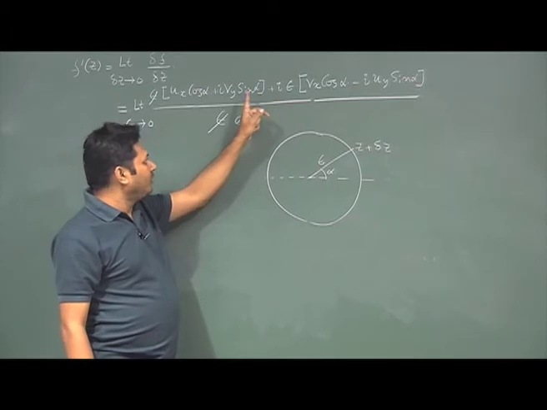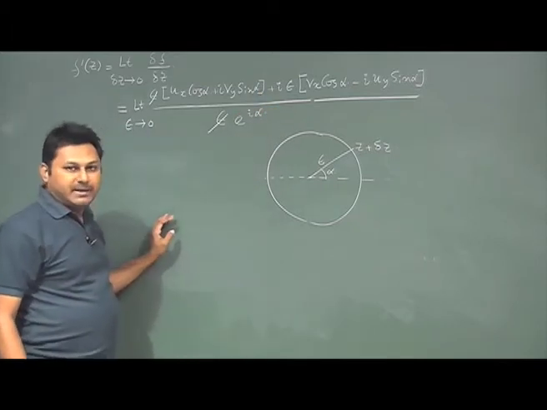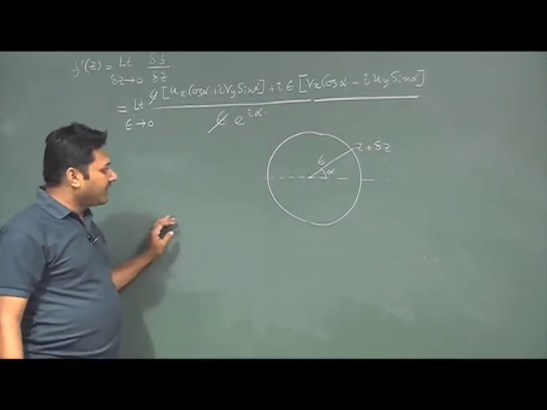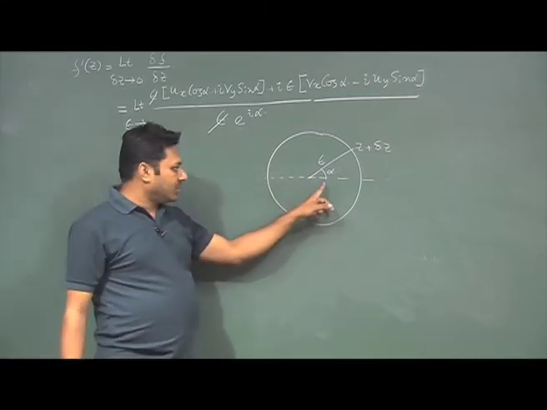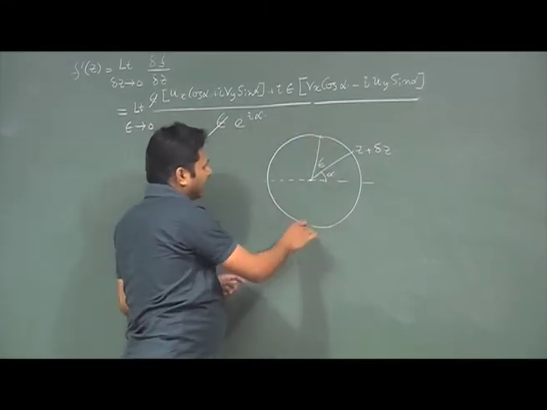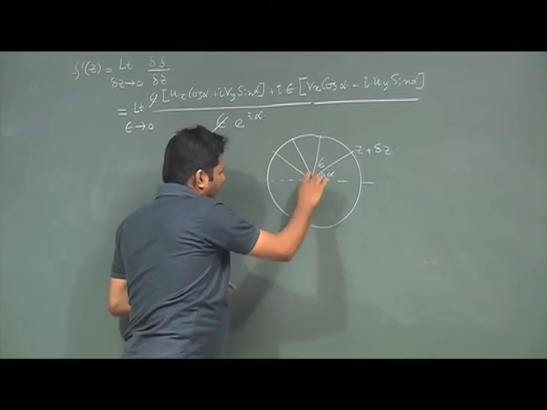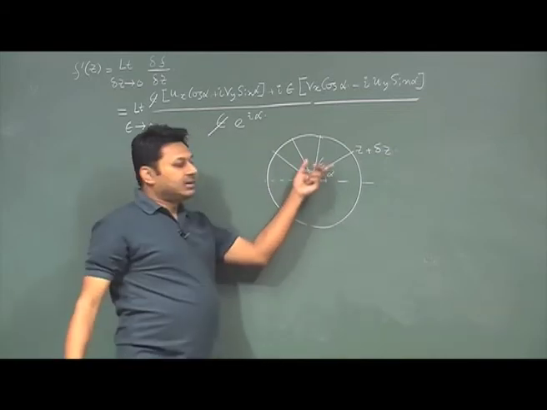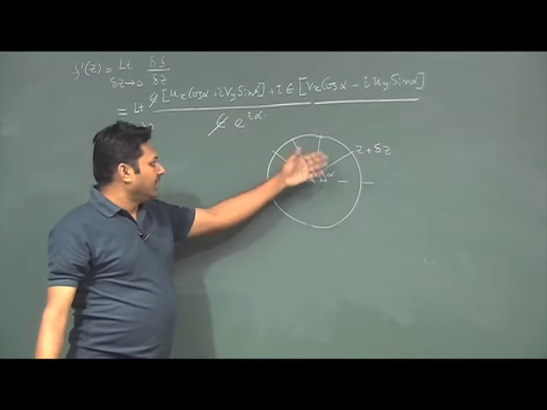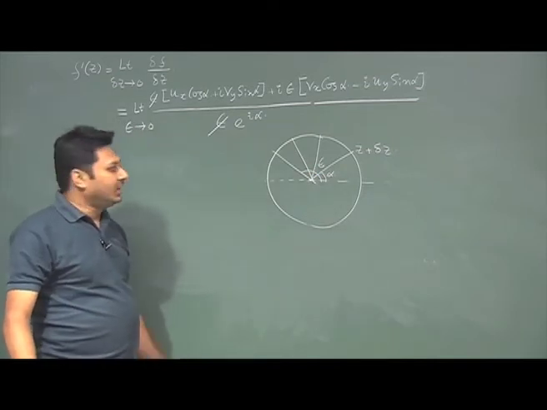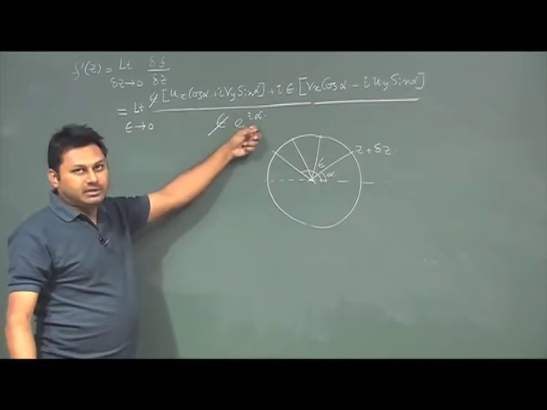Is it possible to make this expression alpha independent? If the expression is alpha independent, I should not bother what the angle alpha is. I can go from here, from here, from here. This alpha is not a very important factor if I make this expression alpha independent.